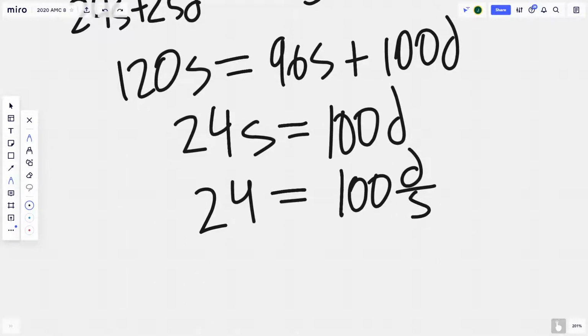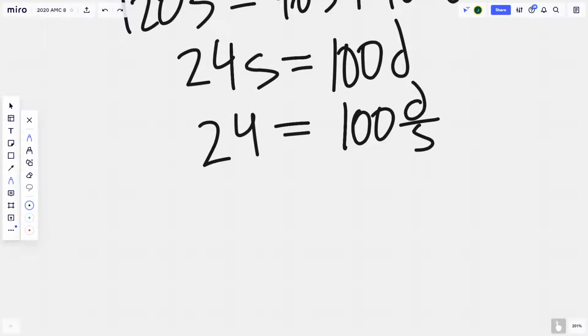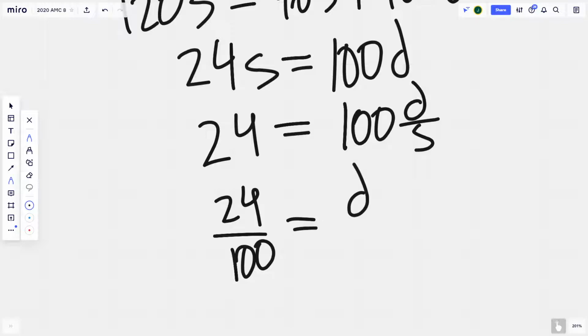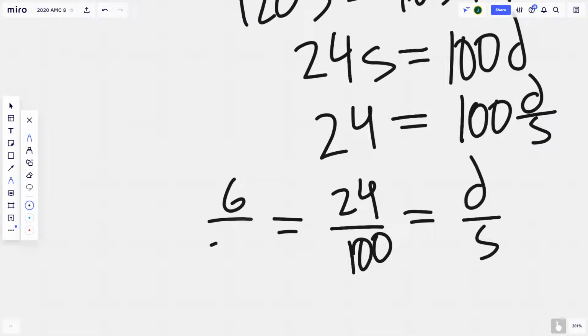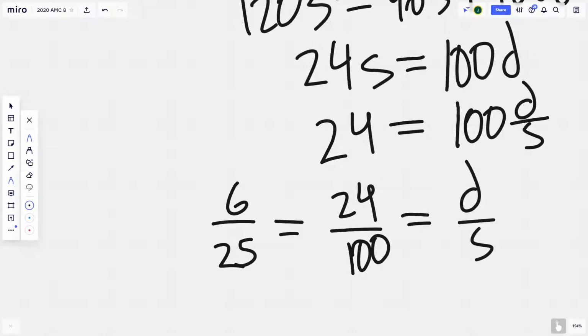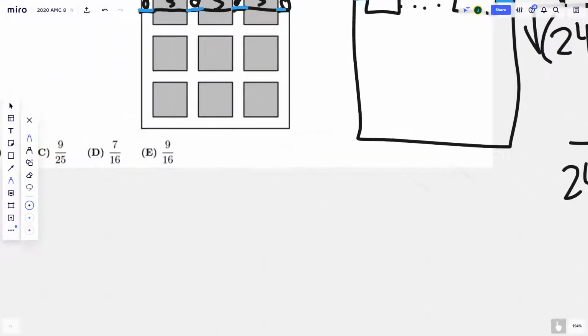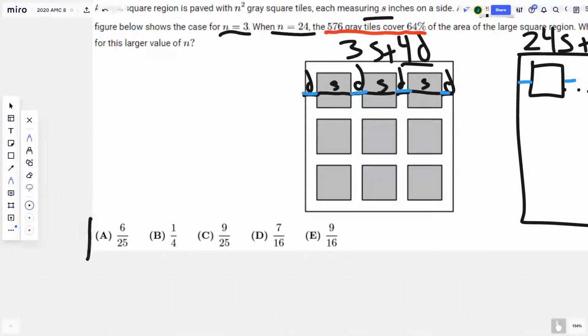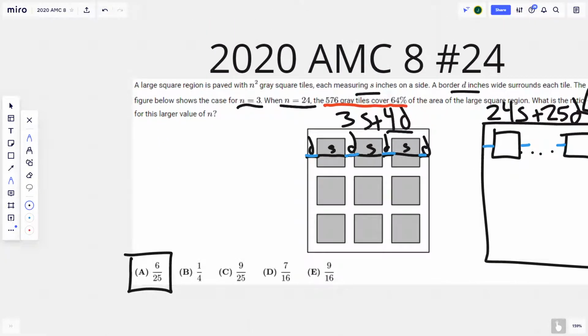So now we just divide by 100 to get d over s on its own. We get that 24 over 100 is equal to d over s. Simplifying that gives us 6 over 25, because 4 is the greatest common factor of both 24 and 100. So using that, we go back to our answer choices and we see that A, 6 over 25, is indeed the correct answer for this problem.